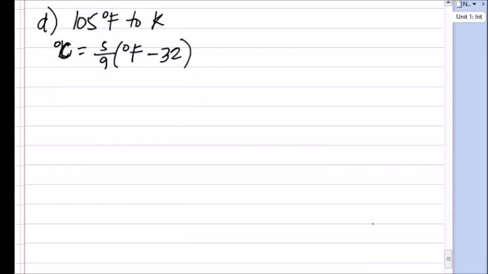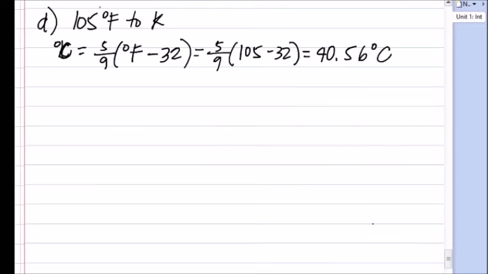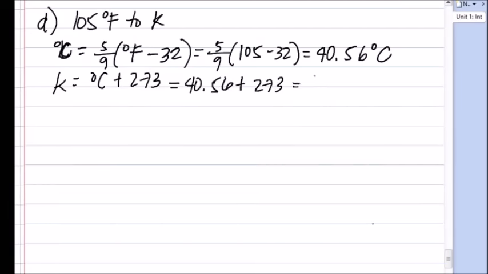Using the formula na pinakita natin kanina, we can have 5 over 9 times 105 minus 32. When we compute that, we'll get 40.56 degrees Celsius. Then, after that, pwede na i-convert sa Kelvin sa pamamagitan lang po ng pag-add ng 273 sa nakuhang degrees Celsius.